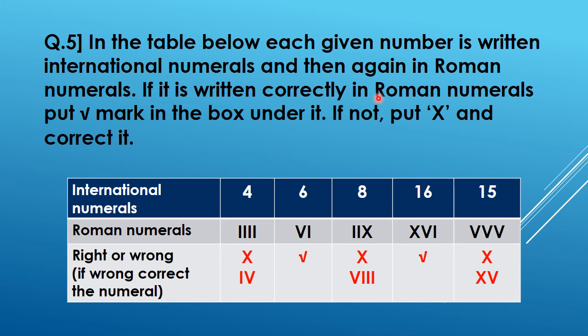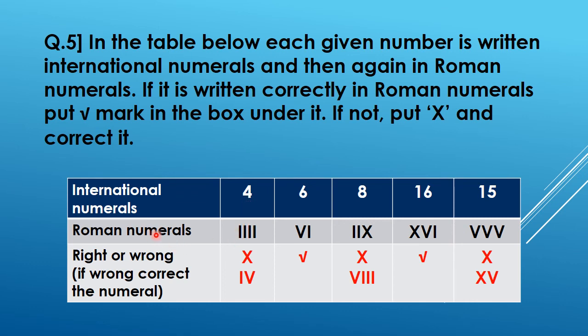If it is correctly written in Roman numerals, you have to put a tick mark in the box under it, and if it is wrong, we have to put a cross and then correct it. So children, you can see international numerals, Roman numerals, and in the third row we have to put a cross or tick.